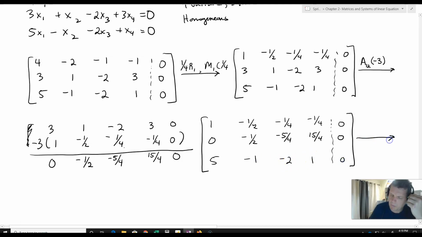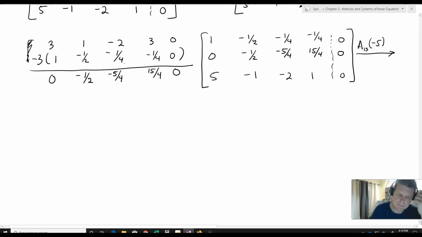Next up, we're going to add row 1 to row 3, and in fact we're going to add negative 5 of row 1 to row 3. So that's going to be 5, negative 1, negative 2, 1, 0. Negative 5 times 1, negative 1/2, negative 1/4, negative 1/4, 0.